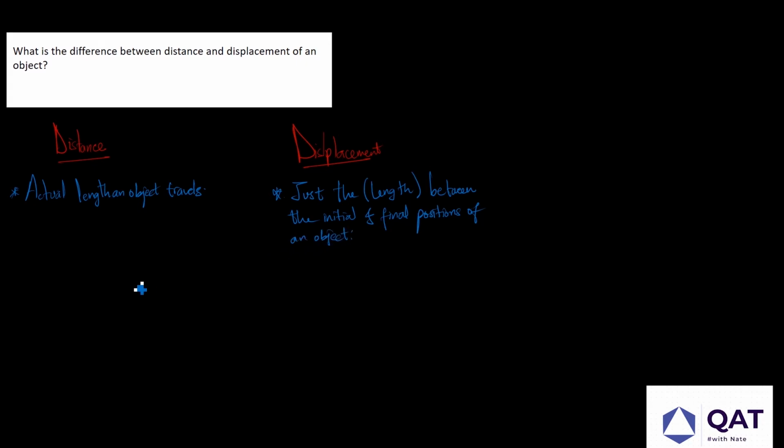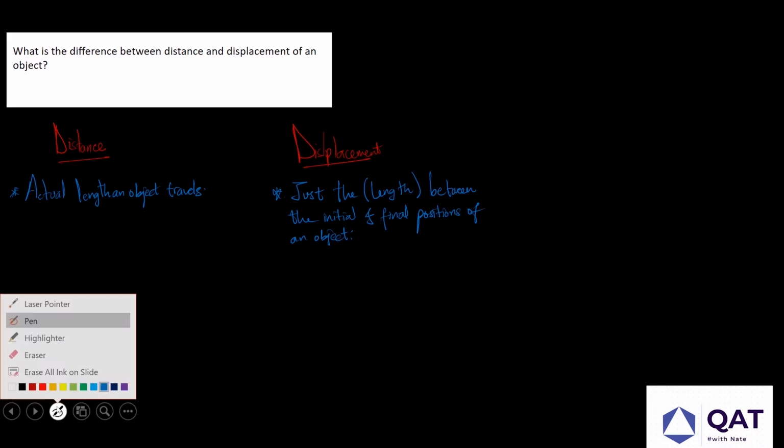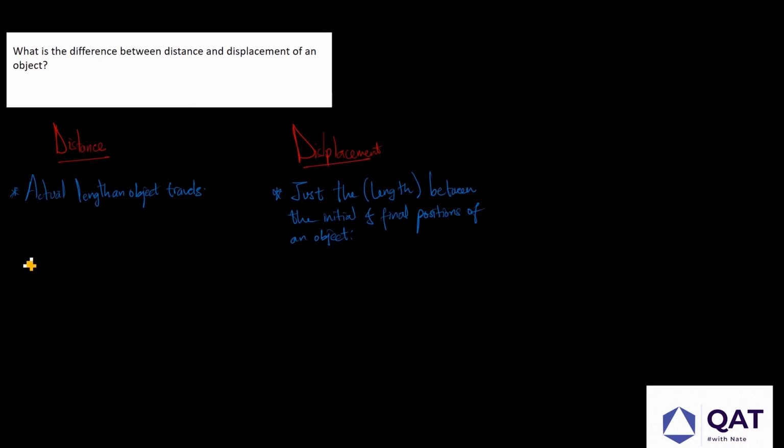To explain this using a diagram, let me use this one. Let's say here is a road like this. We have a road that comes straight and turns 90 degrees, and let's assume a car starts to move from here.